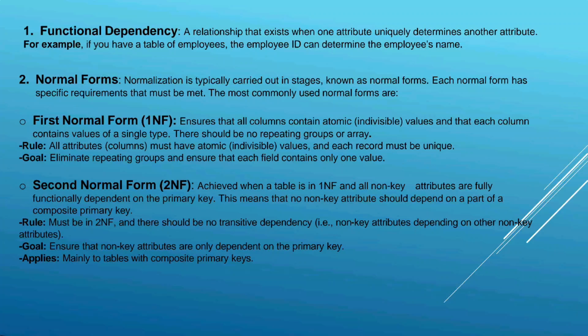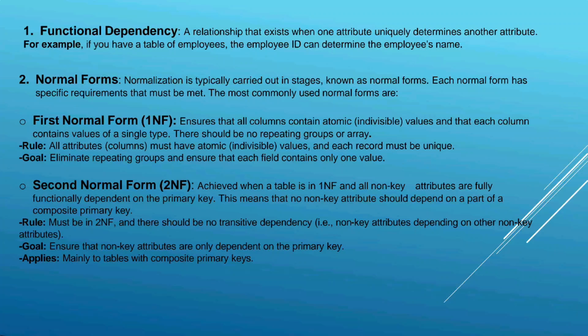Second, normal form. Normalization is typically carried out in stages known as normal forms. Each normal form has specific requirements that must be met. The most commonly used normal forms are: first normal form, 1NF, ensures that all columns contain atomic indivisible values and that each column contains values of a single type.